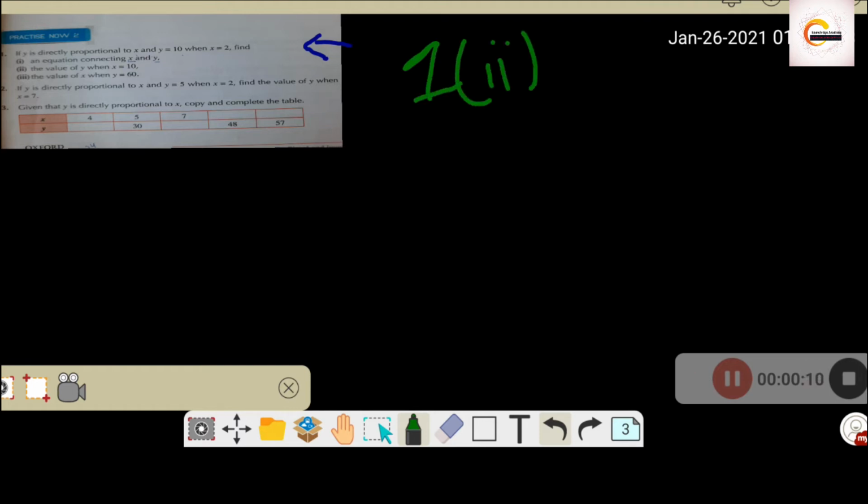We have to find the value of y when x is equal to 10. So from part 1 we know that k is equal to what? 5, and now the value of x is 10.